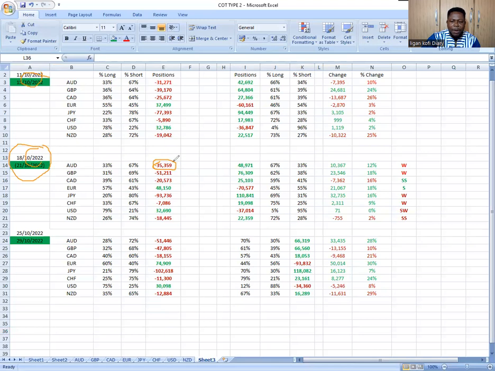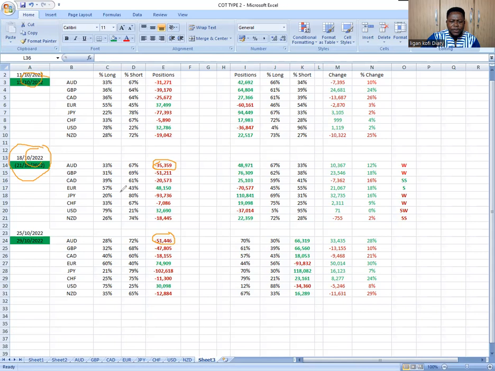Now, those who have been bearish on AUD have increased from 35,359 to 51,446. It means more sellers have joined AUD. And remember, these are institutional traders. They determine the price of the market. They determine where the price should go. So if they are becoming more bearish in terms of AUD, then it tells us something.